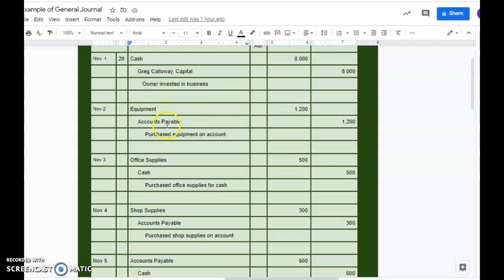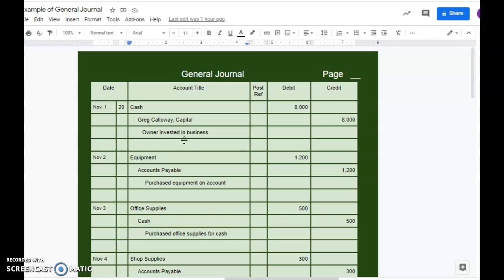We know what is credit and what is debit, and we can see the transaction description. And also the posting reference. We are leaving that blank because you don't need it now, so don't use that column. And anything that is a debit, you enter into the debit column, and anything that is a credit, you enter it into the credit column. And your debits and credits equal, just like a T account.